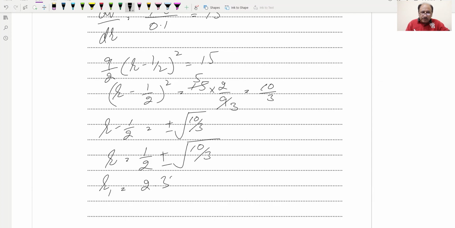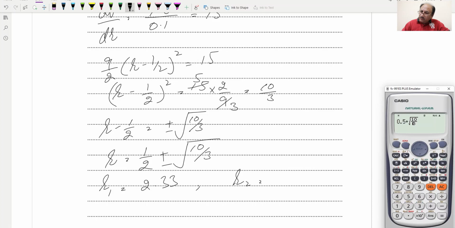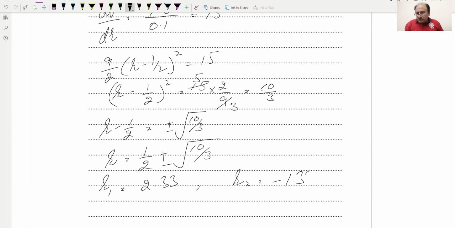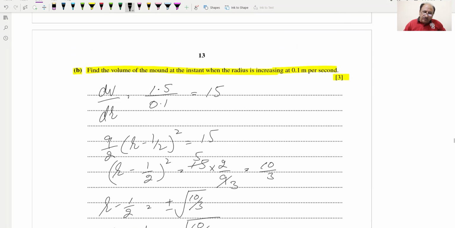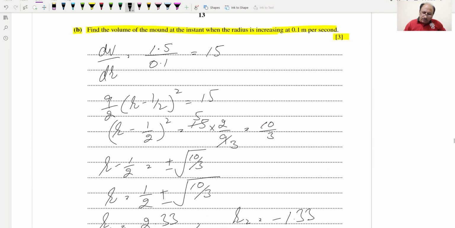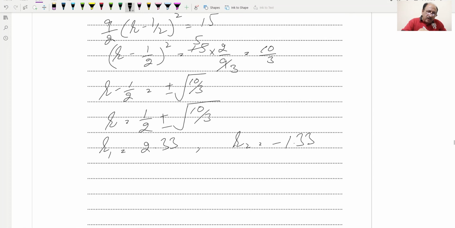And the second value, r2, we take with the negative sign, and we get the decimal value minus 1.33. So we will be rejecting minus 1.33, because the radius r cannot be negative, so this will be rejected.